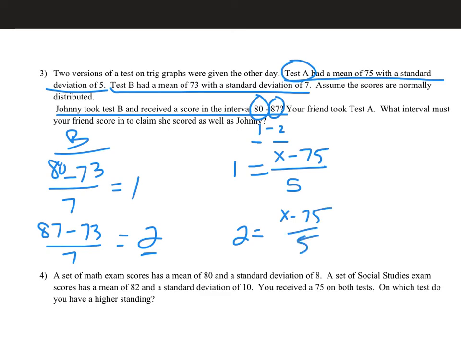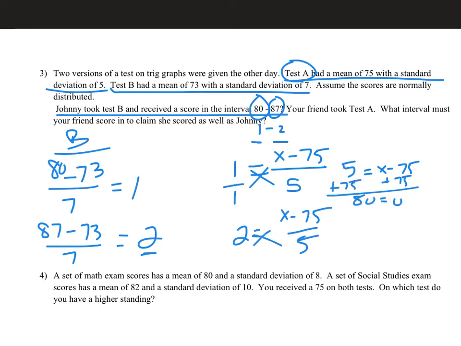You probably could figure this one out in your head, because one standard deviation of 5 would have to be 80. So anyway, it would be 5 equals x minus 75. Add 75 and you get 80.